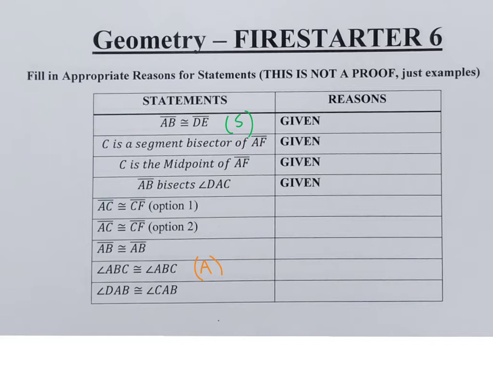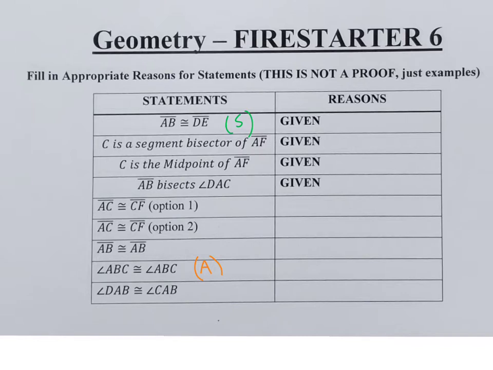So what we're going to find out is that bisector means it cuts directly in half. Bisector cuts something in half. So if I have a segment bisector, I have these 2 points, A and F. C is a segment bisector.